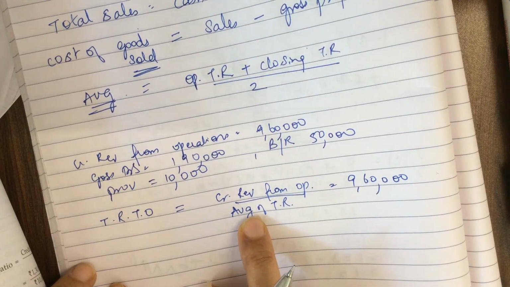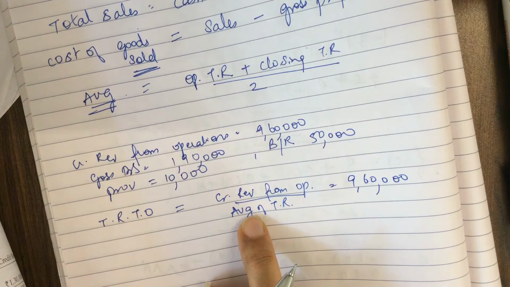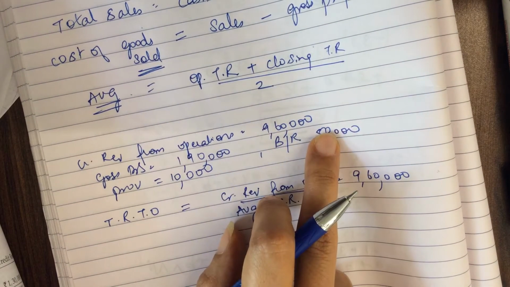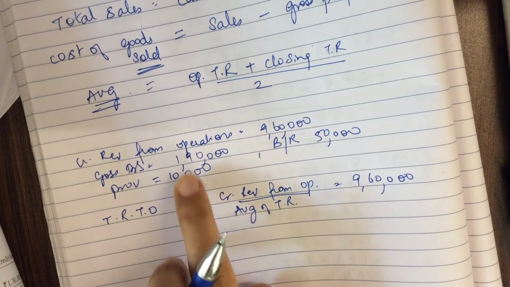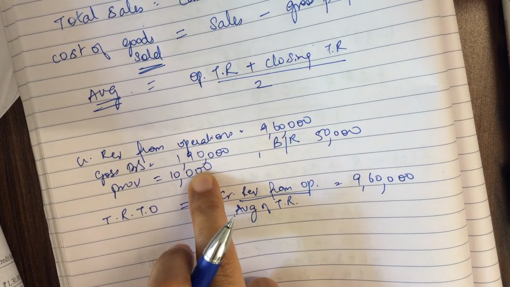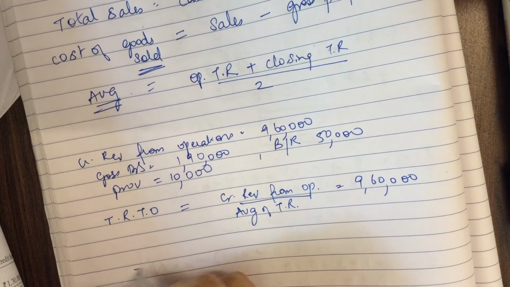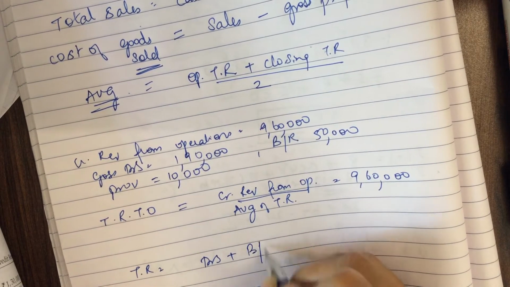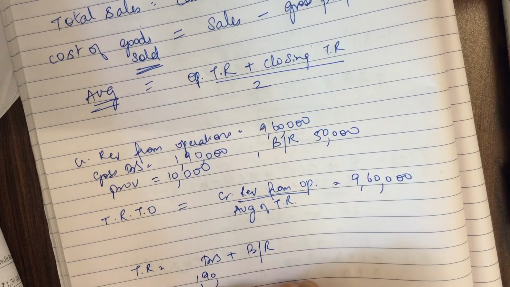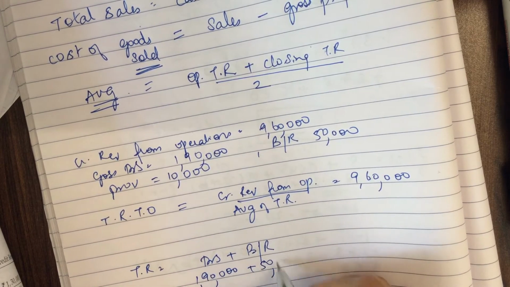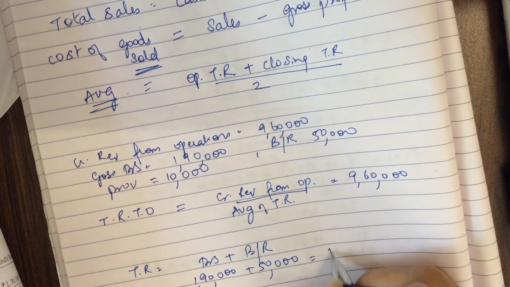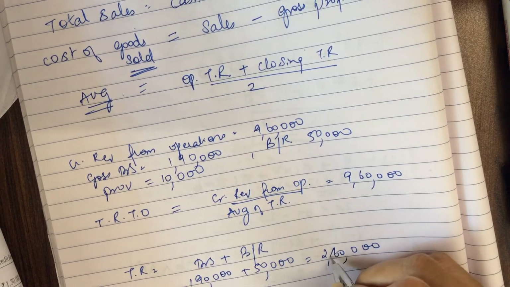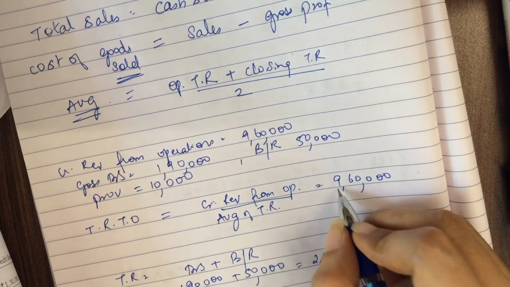I want to find my average trade receivables. As I mentioned earlier, if you are not given the opening and the closing, you consider these as your average numbers. I am not supposed to deduct the provision for debtors. So trade receivables will be debtors plus bills receivable, which is 1,90,000 plus 50,000, gives me 2,40,000.